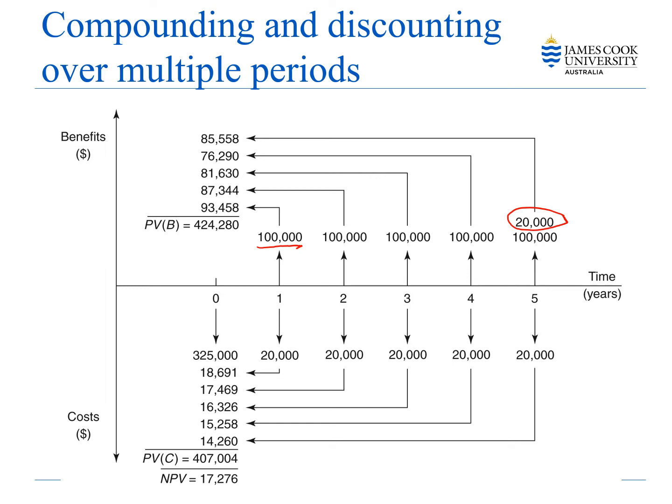On the cost side, initially there's purchase price and setup costs. That's $325,000, and then there's a maintenance costs. Maintenance cost of $20,000 for 5 years.